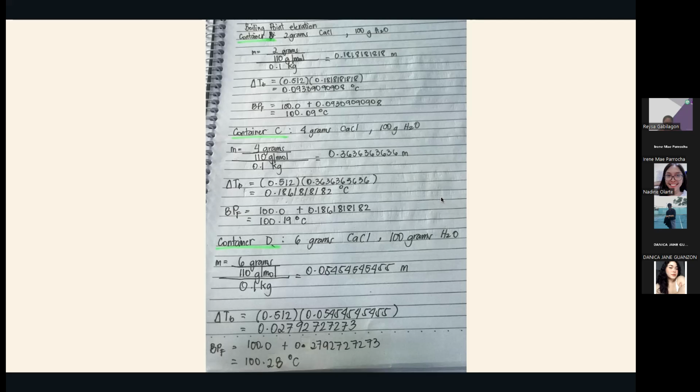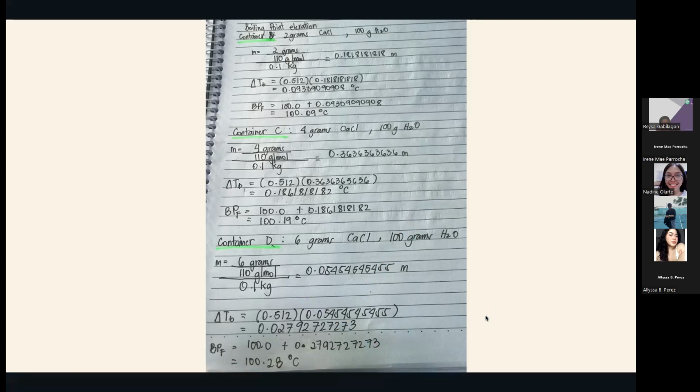6 grams over 110 grams of molar mass over its kilograms of solvent, which is again 0.1 kilograms, will give us the answer 0.05454545455 molality. For computing its boiling point elevation, again, we are going to multiply the Kb constant, which is 0.512, times the molality from our computation, which will give us the answer 0.02792727273.